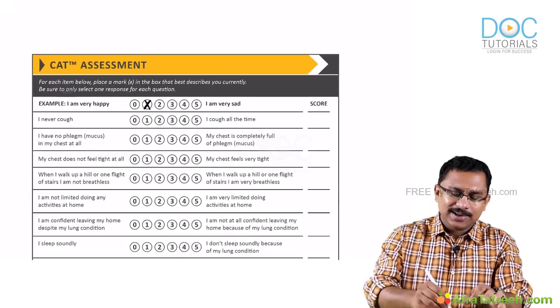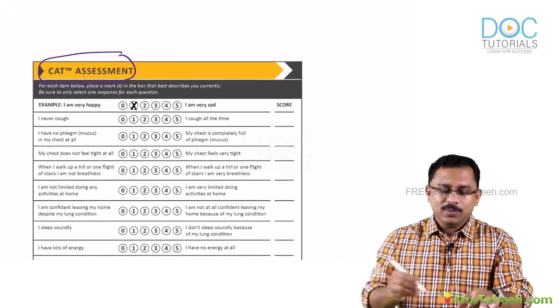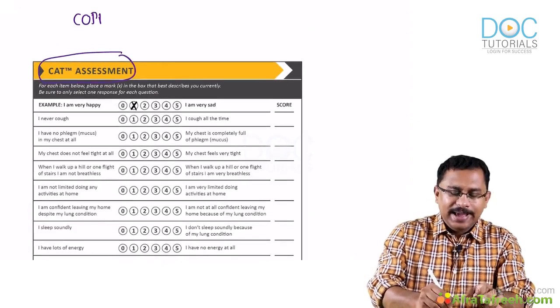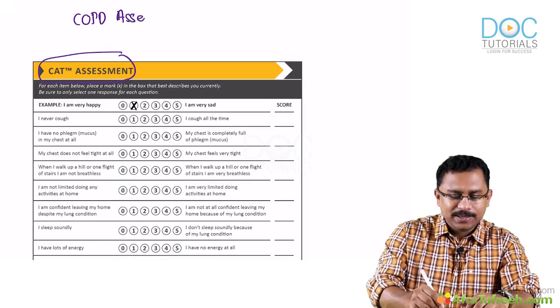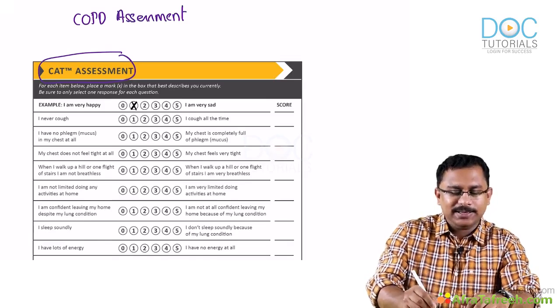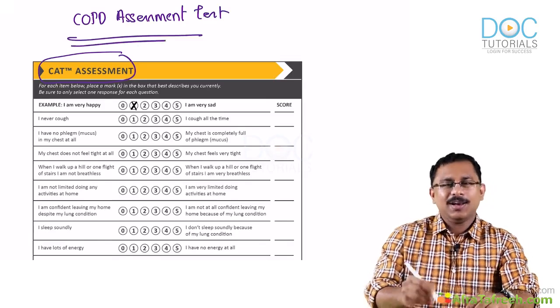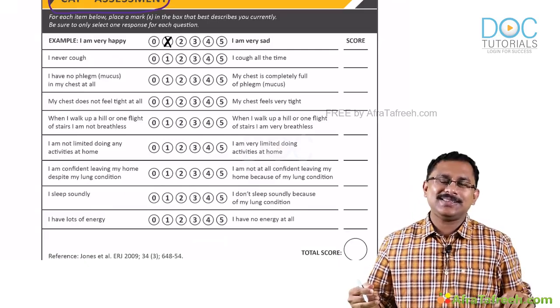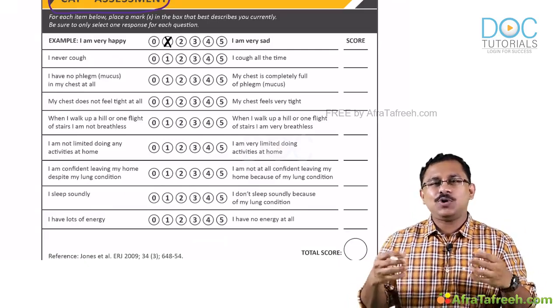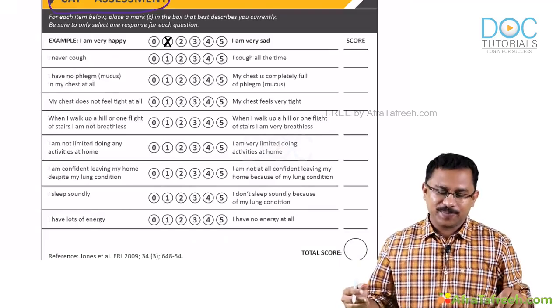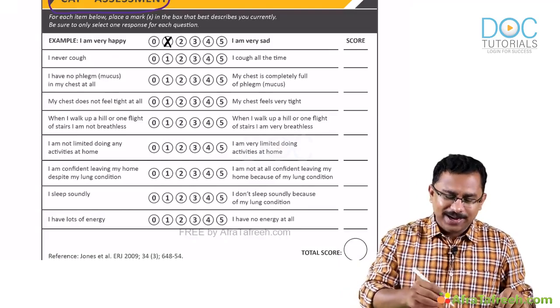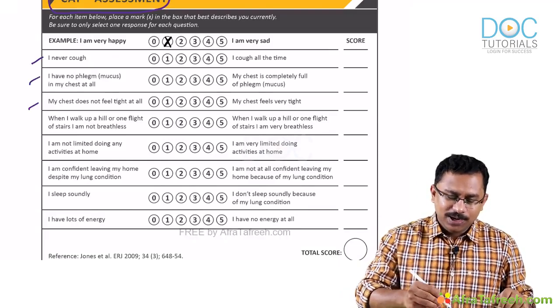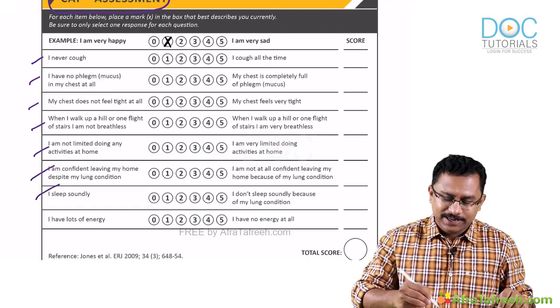The other one is the CAT assessment, which is the COPD assessment test. What is the COPD assessment test? It's again a questionnaire where the patient is asked to put scores for himself. I'll tell you one example. We have 8 parameters here: 1, 2, 3, 4, 5, 6, 7, 8.